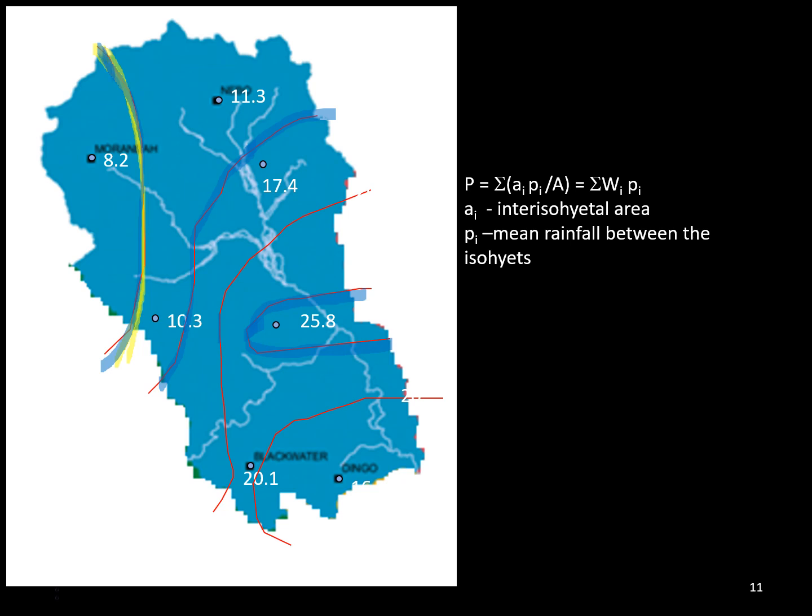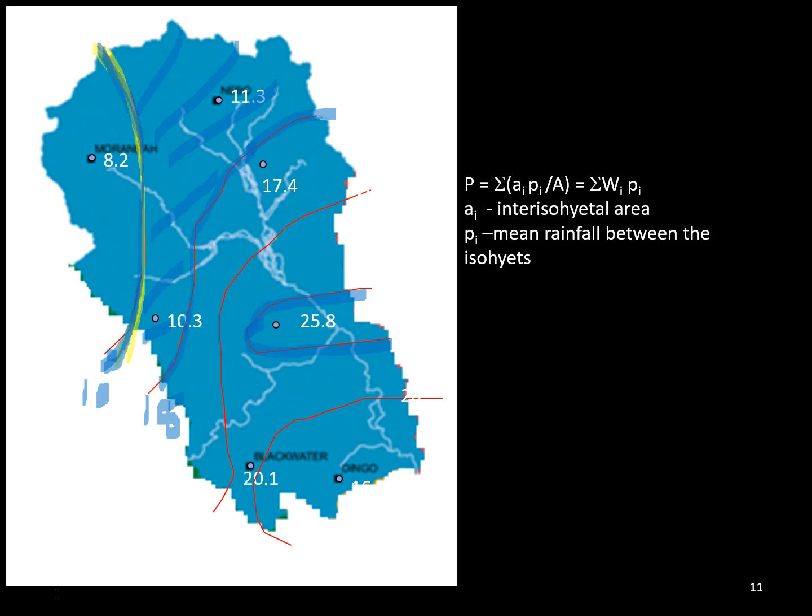So this contour represents the rainfall of 10, and this is 15, right? So 10 and 15. The whole area in between these two contours represents the average of 10 and 15, which is 12.5 millimeter of rainfall.